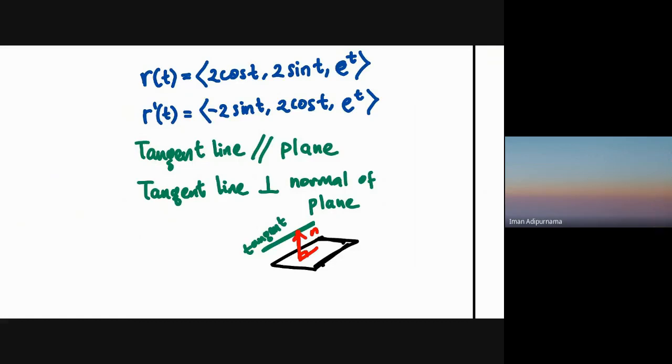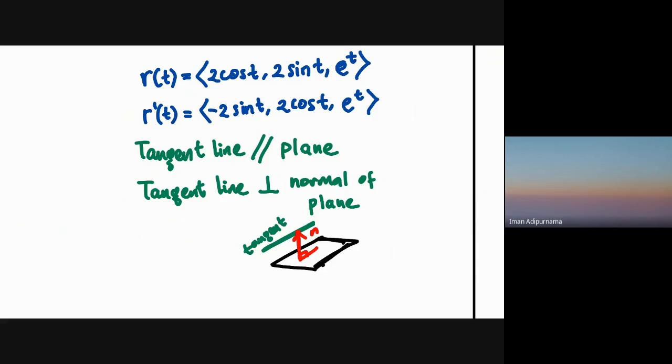You need to be able to tell from the question that the tangent line is parallel to the plane, which means the tangent line is orthogonal to its normal. For the normal we usually use n, or we can also write it as the direction numbers, and we can find n through our plane equation.